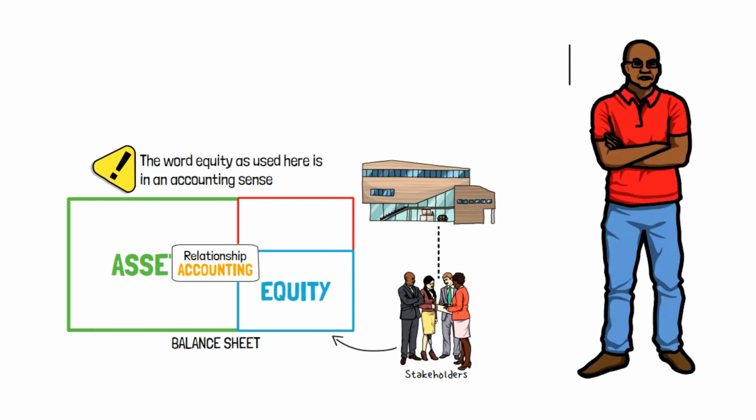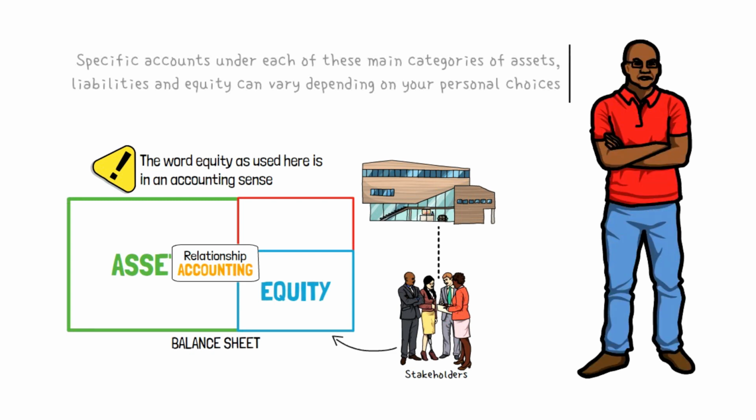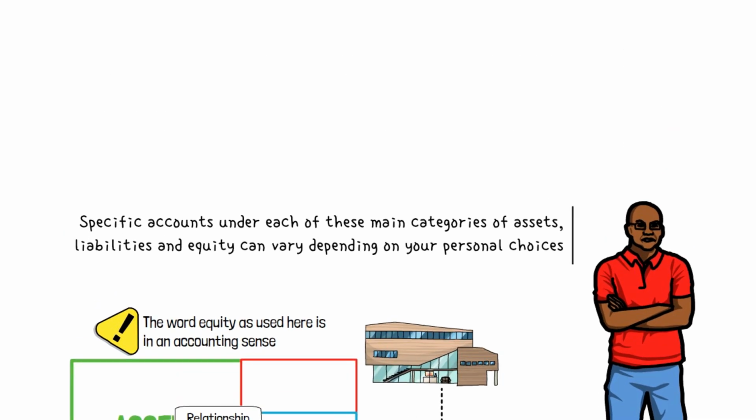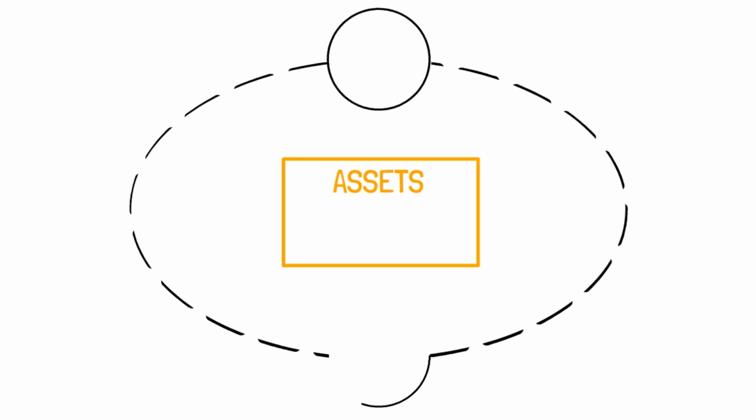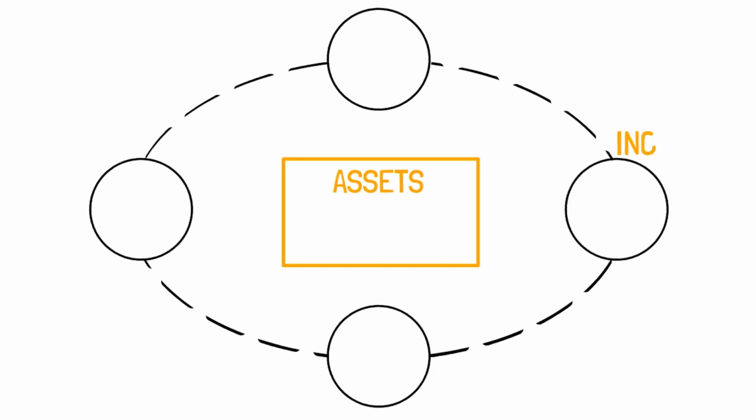As we stated in an earlier video, the specific accounts under each of these main categories of assets, liabilities, and equity can vary depending on your personal choices and perhaps what the tax or accounting authorities might require in your area. However, there are some typical accounts that would apply for certain types of businesses.